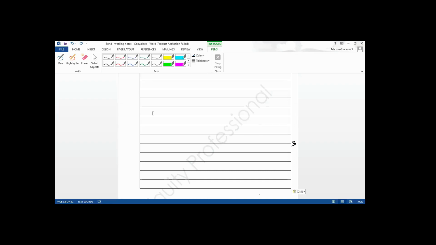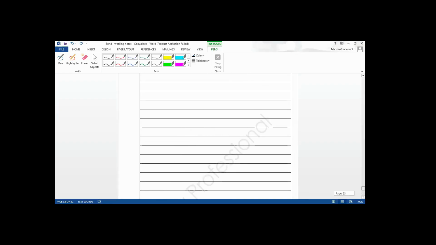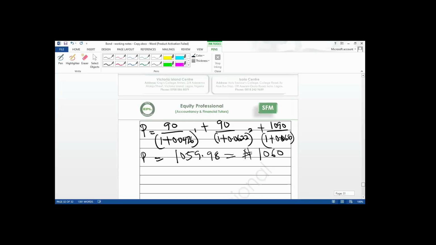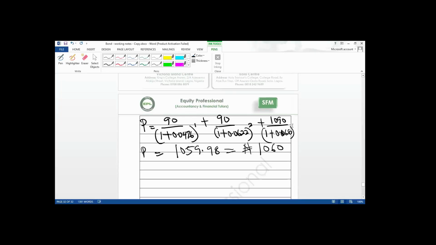Let's go to this. Okay. Next, calculate yield to maturity.